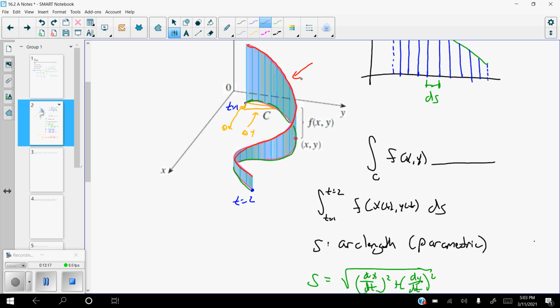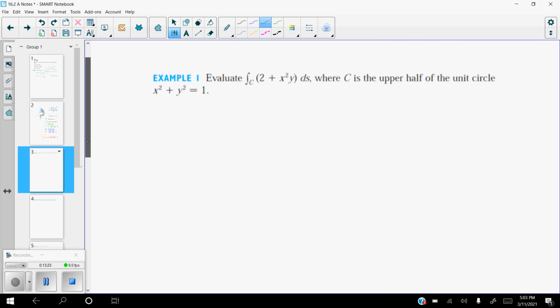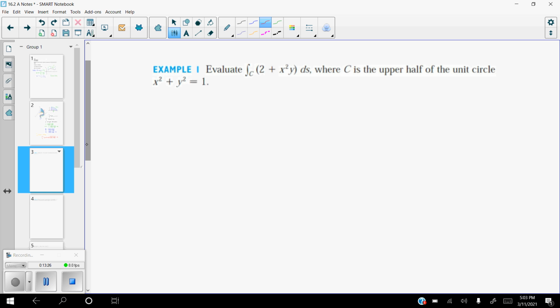All right, we'll probably do about 2 examples on this one, then we'll come back with another video. So let's see how this works. We want to evaluate the line integral, and I know it's a line integral because it's an integral over C of 2 plus x squared y ds, where C is defined to be the upper half of the unit circle, x squared plus y squared equals 1.